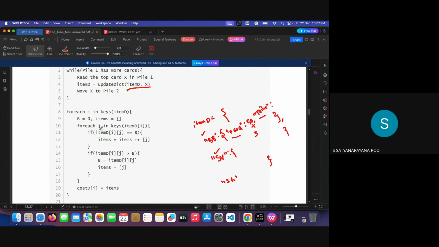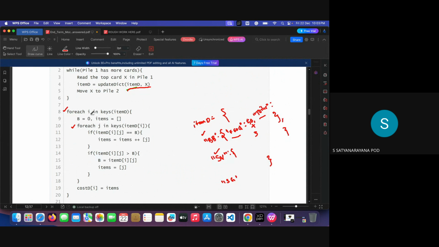See, look at the outer loop for store name, inner loop for the item name. Is it clear? Yes, sir. The inner loop extracts each of the items, like food, toiletries of Big Bazaar, SV store, each item we are extracting.